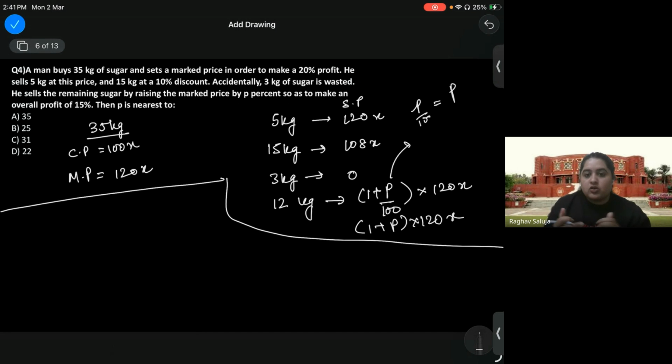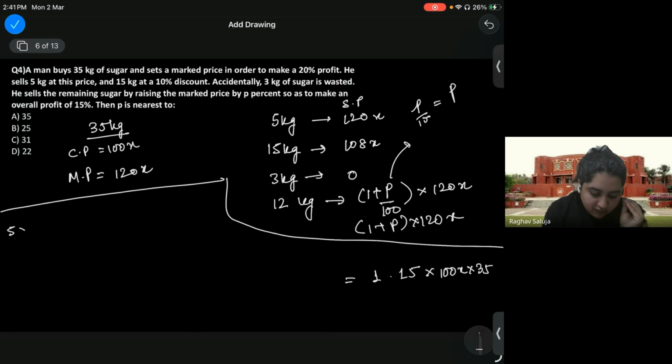So basically, our total selling price is nothing but 1.15 of our initial cost price into the quantity, which will be equal to the sum of all the selling prices of the different quantities.